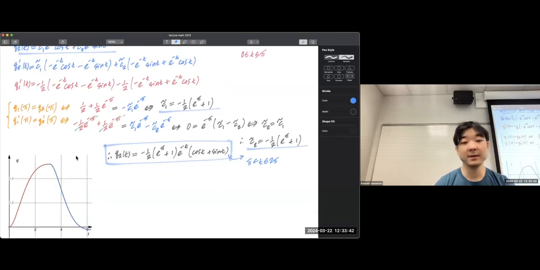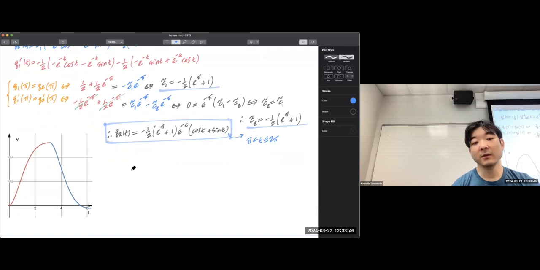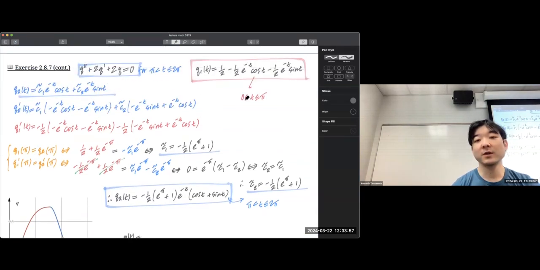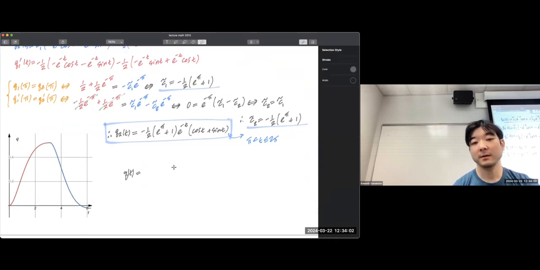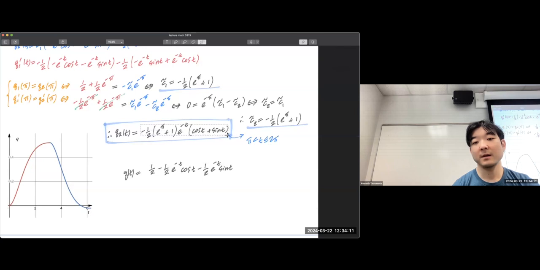So when you graph this, your solution for Q as a function of time, which is how your charge evolves in the circuit, is now going to be a piecewise function. The first piece is going to be this right here, and the second piece is going to be this right here.